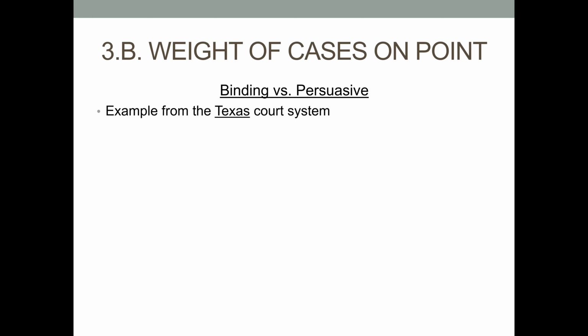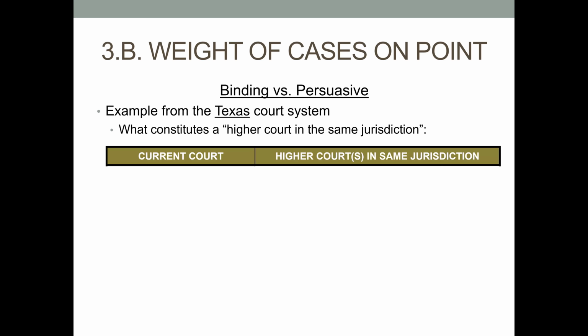All right, now let's shift to the Texas court system. What constitutes a higher court in the same jurisdiction in the Texas court system? So let's do the same thing we did with the federal court system and pull up a chart where on the left-hand column, we'll describe the court that your client is currently in, and then to the right, we'll identify what would be the higher courts in the same jurisdiction for that court.